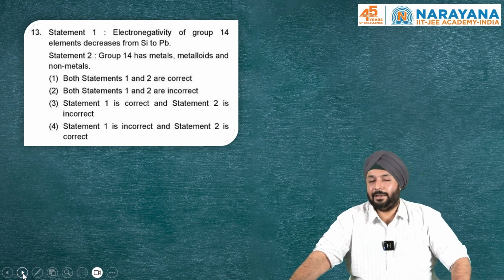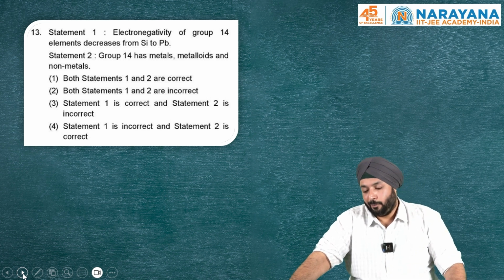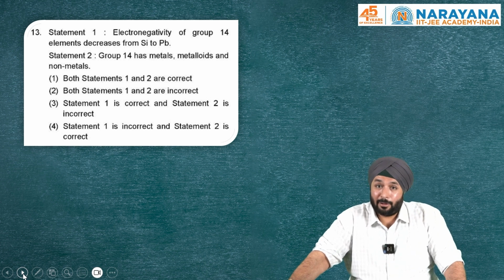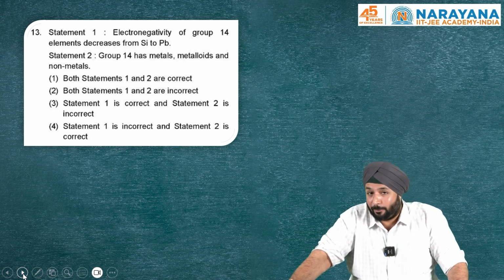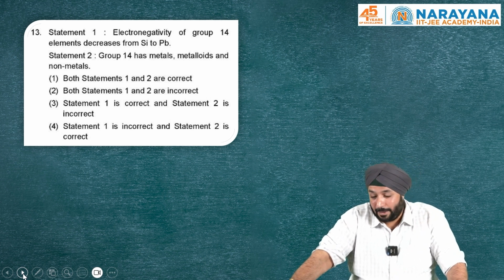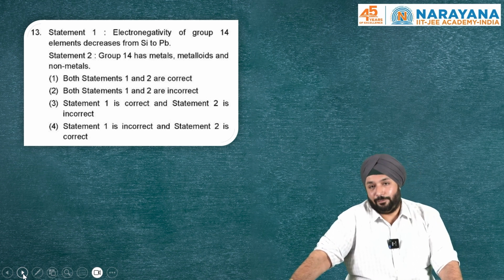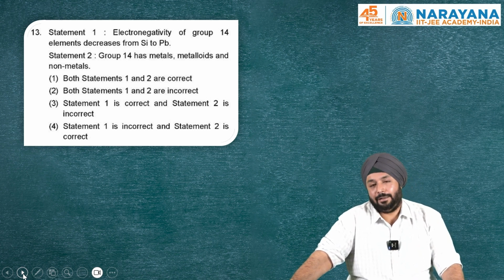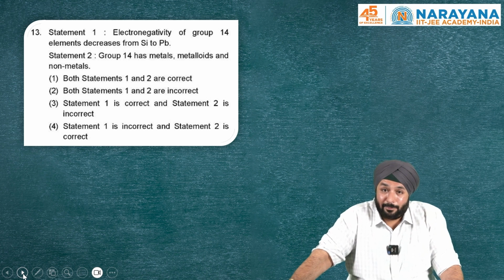Yeah, with some logical understanding, like from tin to lead, the electronegativity increases because of poor shielding done by d and f orbital electrons. The screening or shielding effect of f orbital is very less, right? Because of that, lead will have more electronegativity as compared to tin.